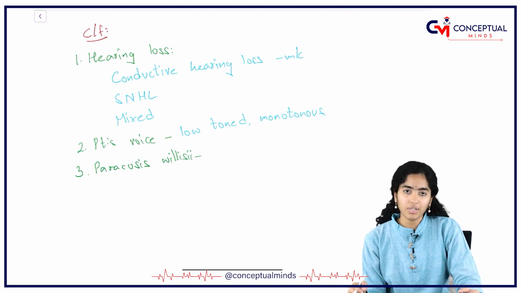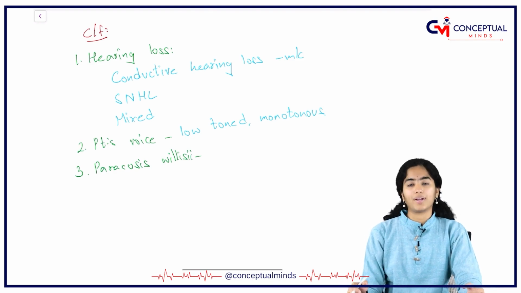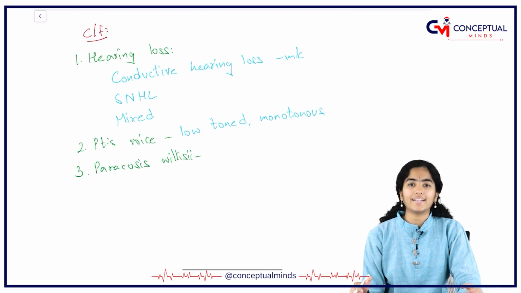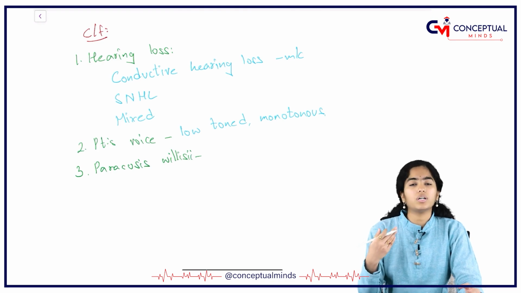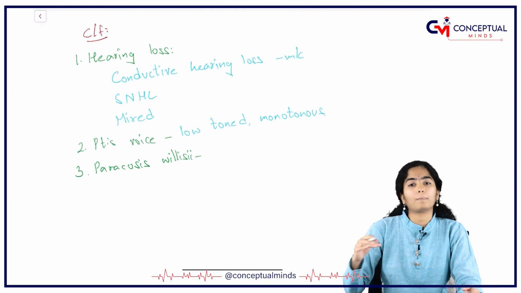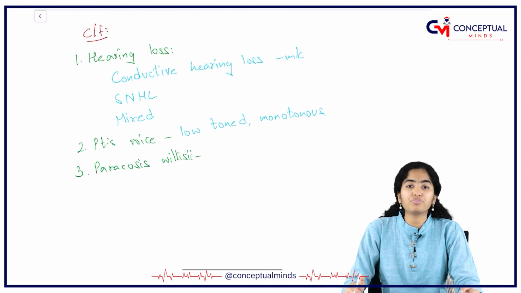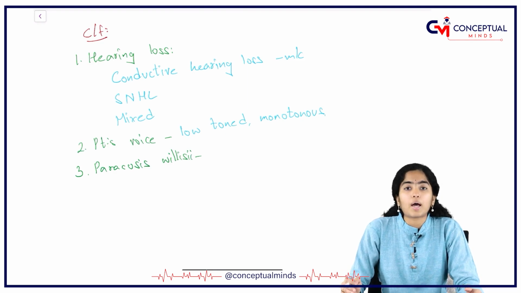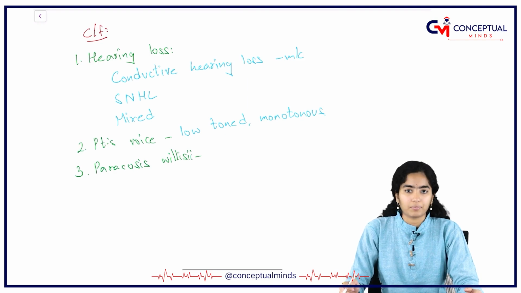How is that possible? It's a very simple logic, because when the surroundings are noisy, anybody will tend to speak in a louder volume. And this louder volume helps to compensate their conductive type of hearing loss. So the patient happens to hear better in noisy surroundings, and that is called as paracusis willisii.